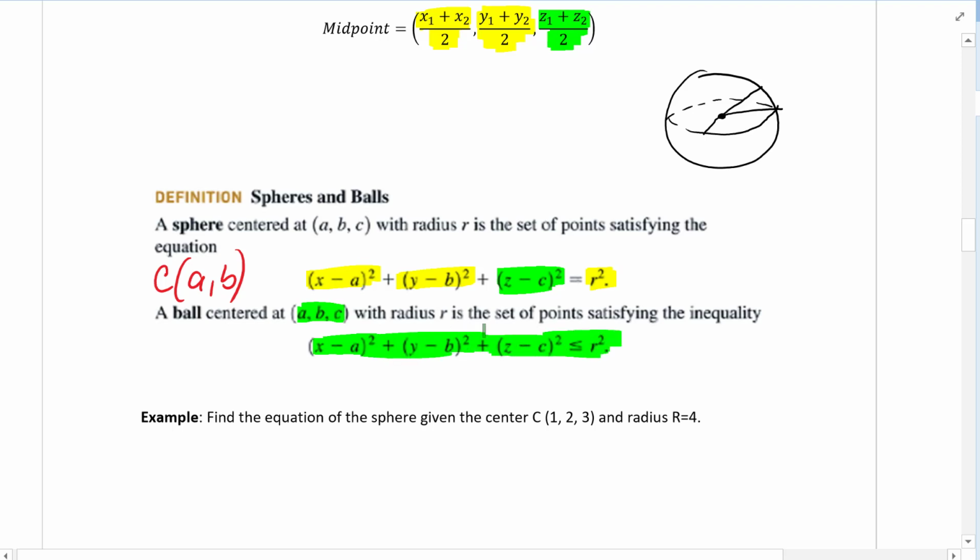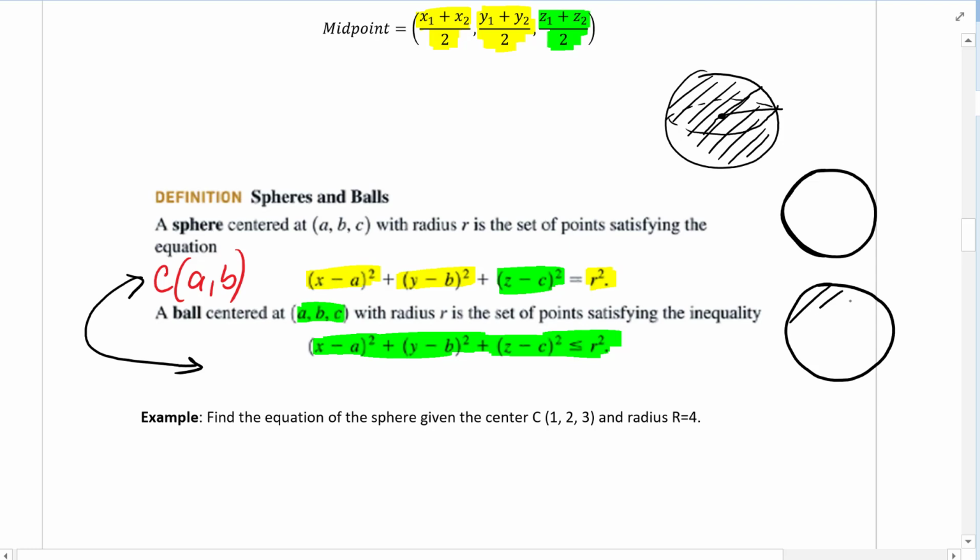So what's the difference between the sphere and the ball? Well, the sphere is just the shell, while the ball, it's all the points inside. So like you had a circle, right? But then you can have a disc, right?